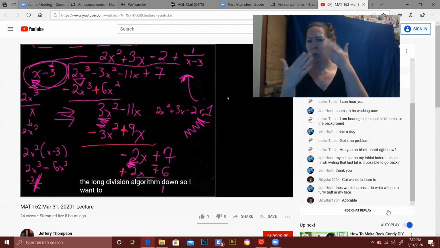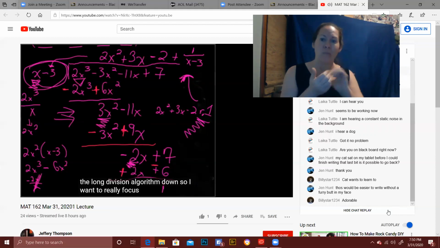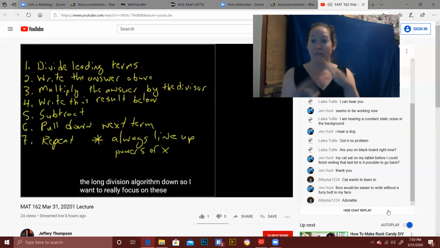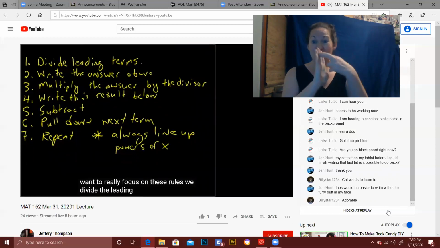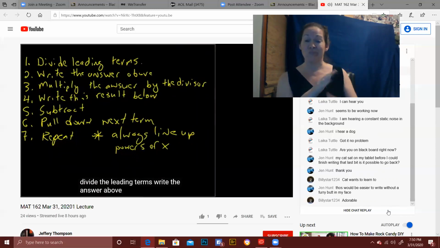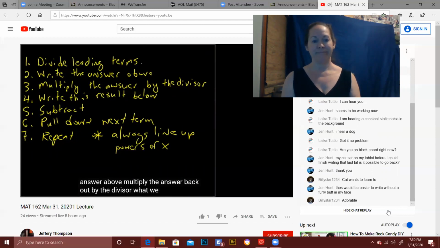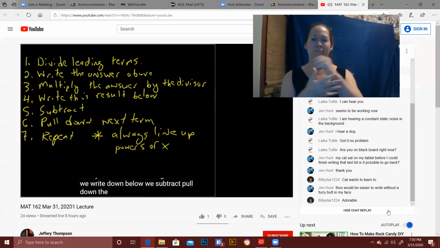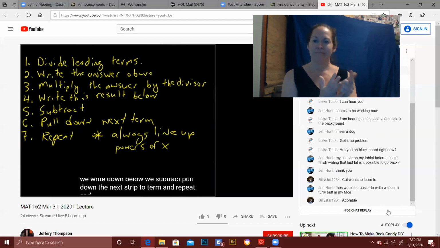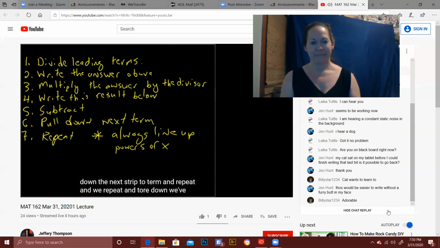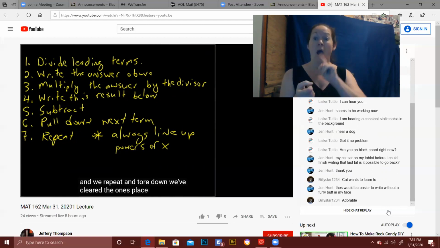So I want to really focus on these rules. We divide the leading terms, write the answer above, multiply the answer back out by the divisor, and what we get from that, we write down below, we subtract, pull down the next term, and repeat. And we repeat until we've cleared the ones place.